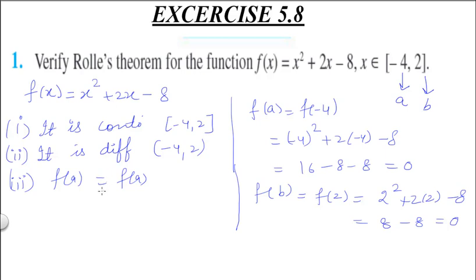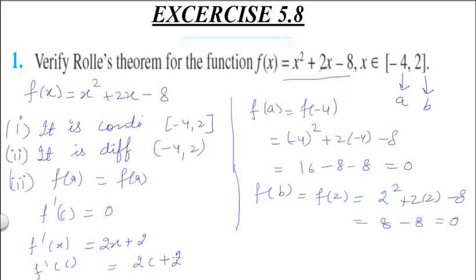When these three conditions are satisfied, f dash c will be equal to 0. First of all, let us find f dash x, the first order derivative of this function. It will be 2x plus 2. So what will be f dash c then? Just instead of x we need to place c: 2c plus 2, which is equal to 0 according to Rolle's theorem.